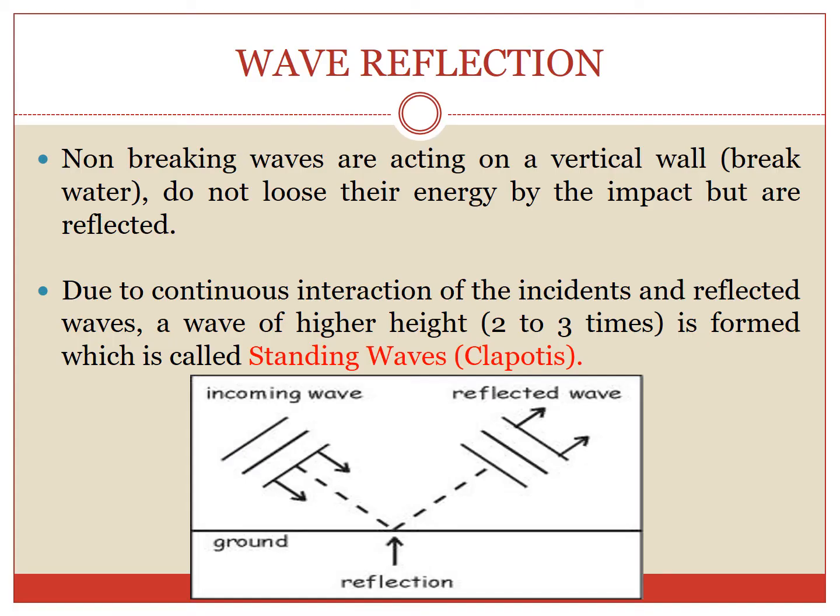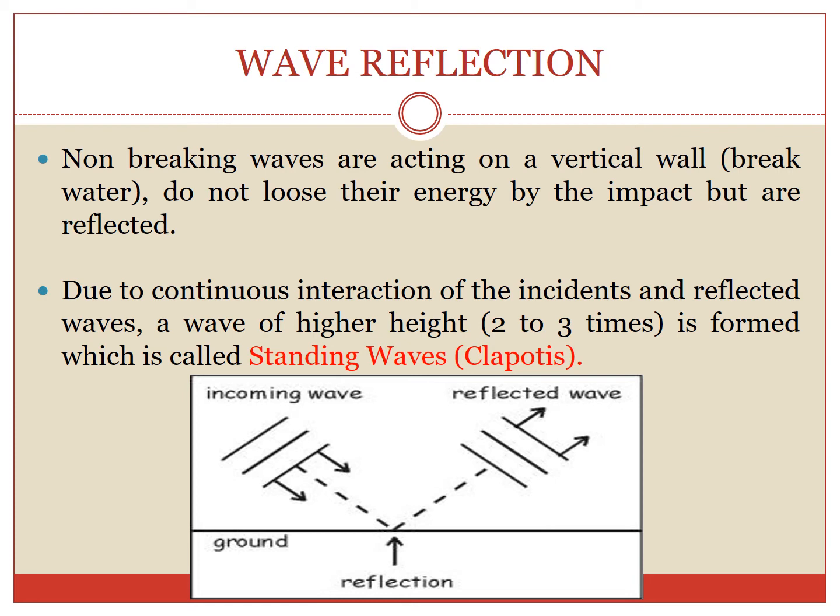Next is wave reflection. Non-breaking waves acting on a vertical wall such as a breakwater, cliff or steep beach do not lose their energy by impact but are reflected. The principle of wave reflection is shown in this figure. The wave incident on a vertical barrier is reflected.